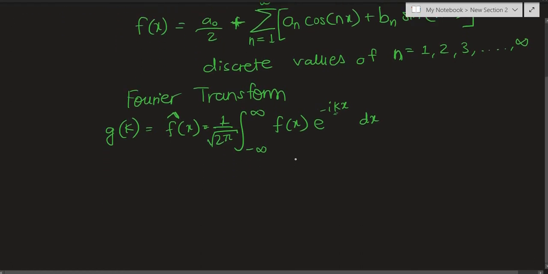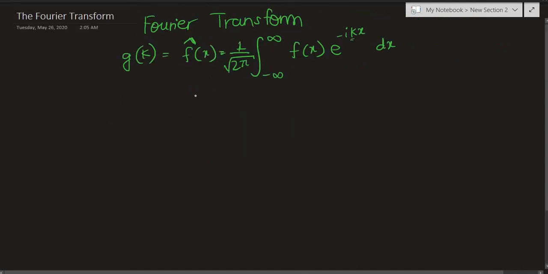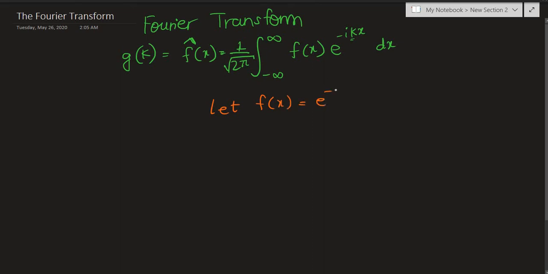So how are we going to use this to actually solve our problem? We're going to have to be really inventive and clever about this. So now we need to have a function of x that we are taking the Fourier transform of. So let f of x in our case be the integrand of the Gaussian integral, e raised to negative x squared.